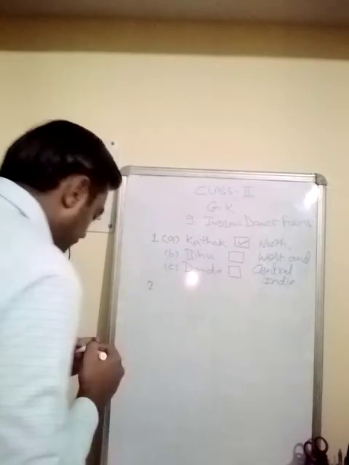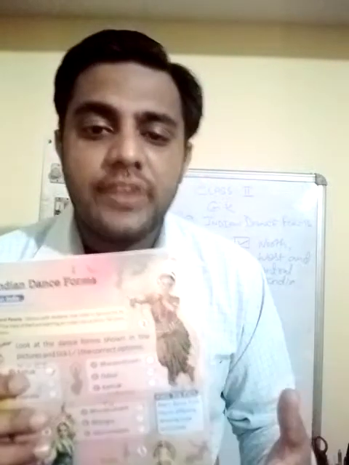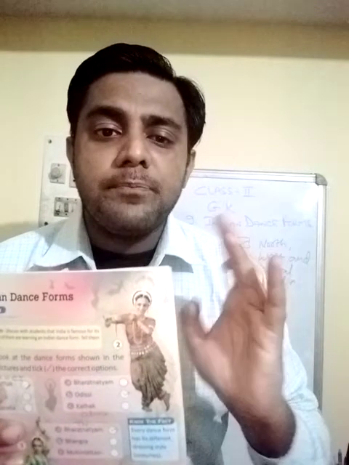Now let's take a look at pic 2. You see this lady here, very traditionally dressed, right? You can see a lot of jewelry and certain very expert finger movement.